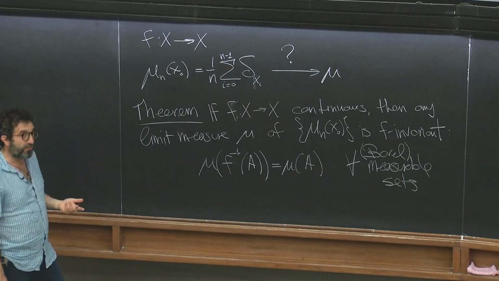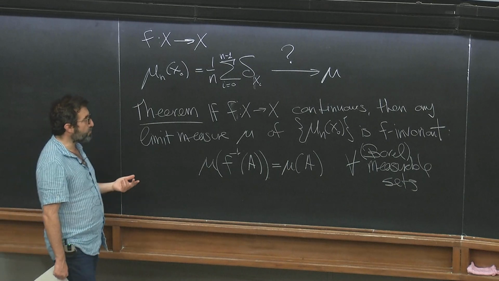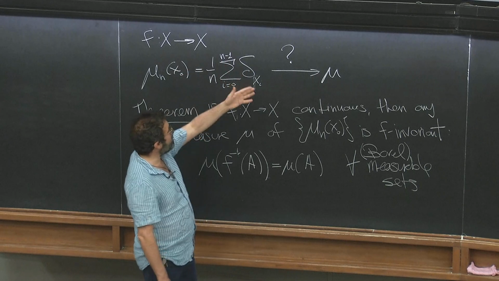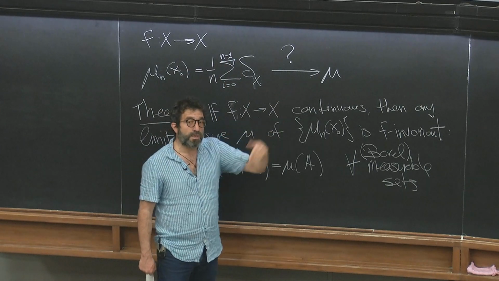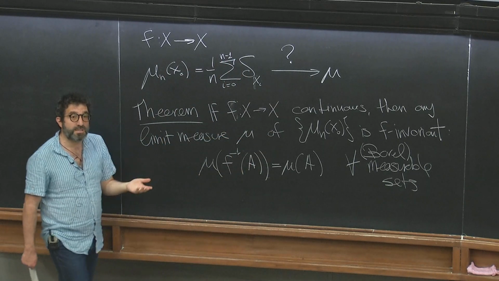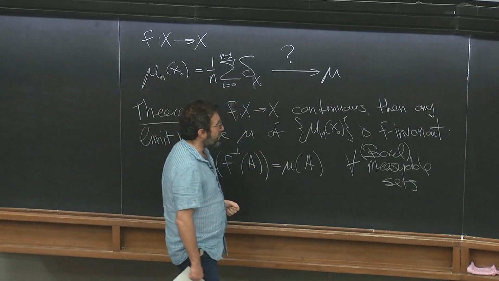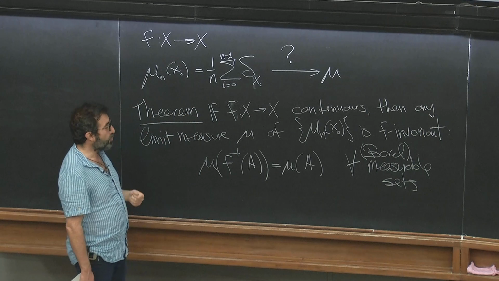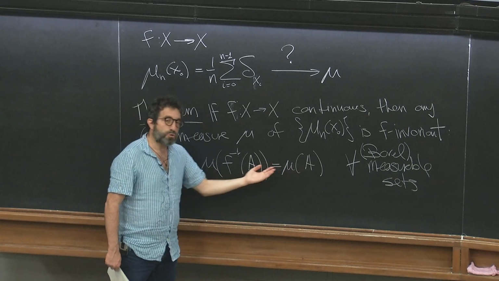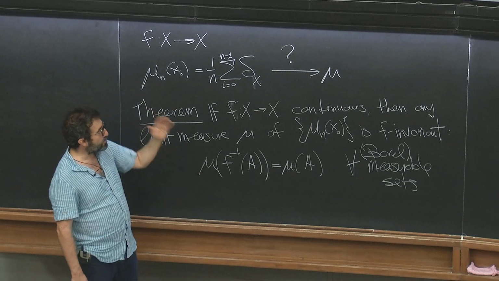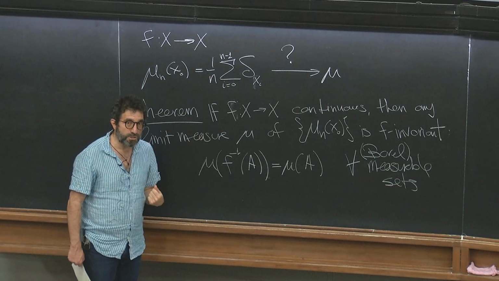Therefore, if we're looking for measures to which this can converge, even more if we're looking for physical measures to which lots of points converge, then it is natural to look at invariant measures, because if this converges, it's going to be an invariant measure.